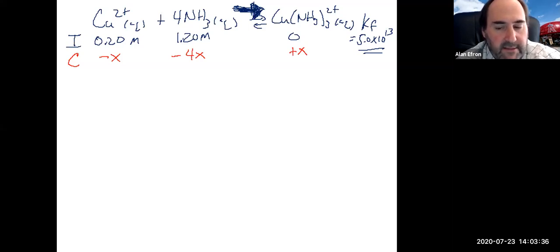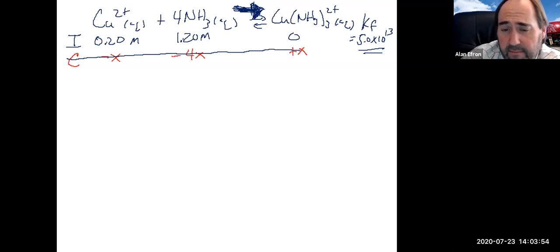So we can make the assumption when you do KF type problems that the change is actually going to be the metal part. So the metal will be our change part of it.